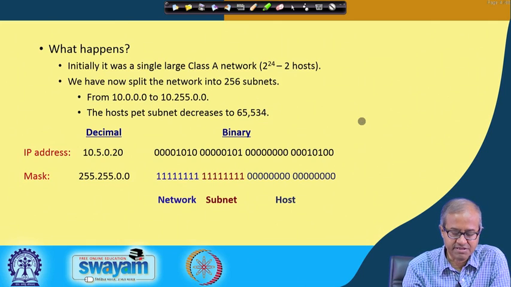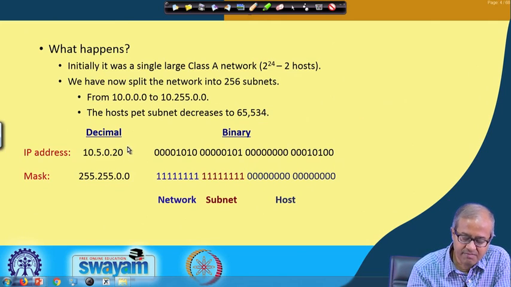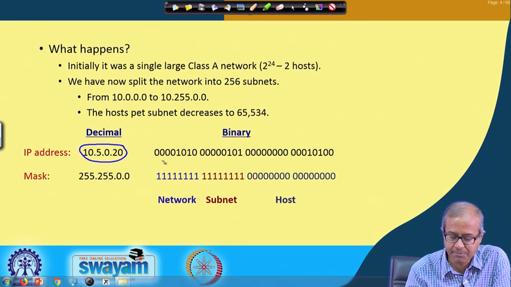So, here I am just illustrating this. This is the IP address I was talking about. In binary, I am writing it like this: 10, 5, 0, 20. The mask is this.